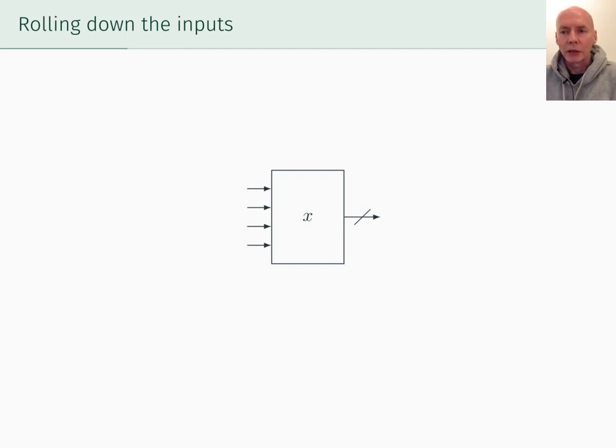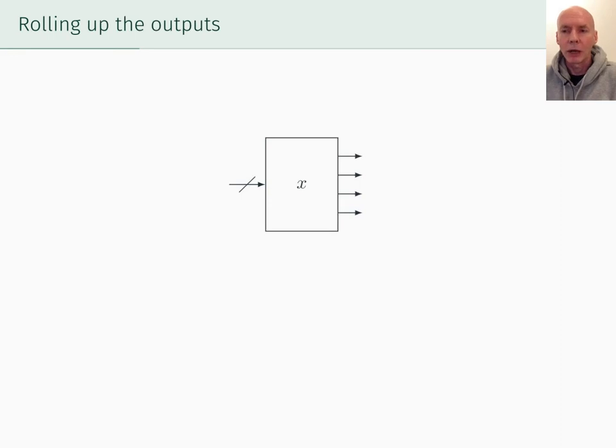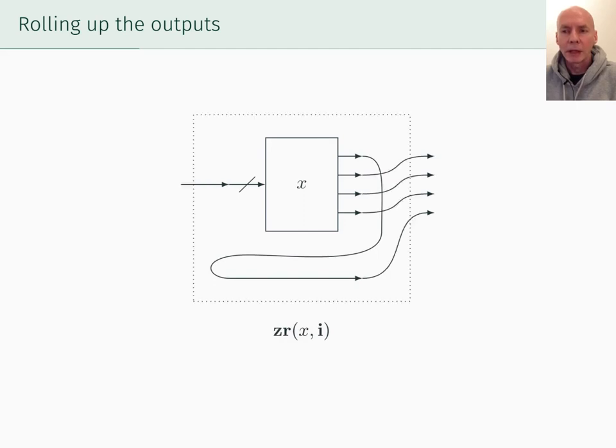Take a block X, form the expression Z rack IX, and now we have a block that looks just like X from the outside, except that the inputs have been rolled down one position. Or take another block X, form the expression Z rack XI. That gives us a block that looks just like X from the outside, except that the outputs have been rolled up by one position.